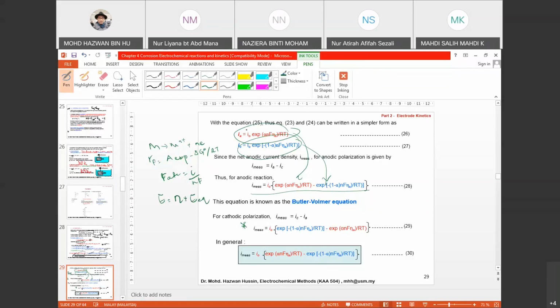Then you will get these few terms, and finally you can get the Butler Volmer equation.